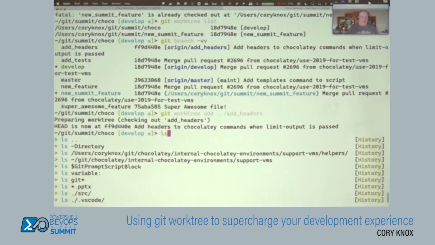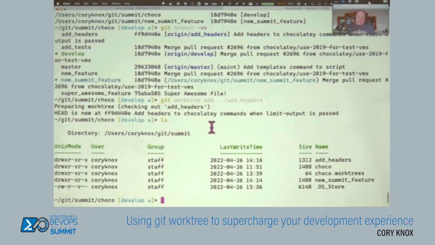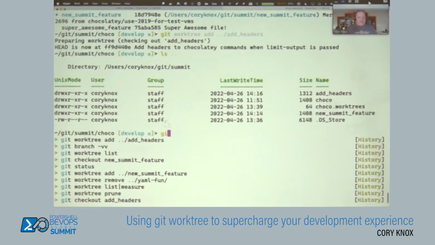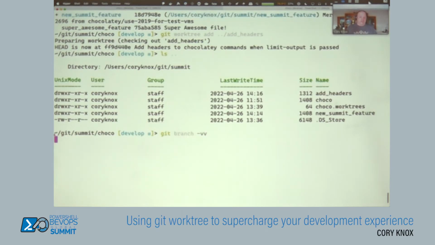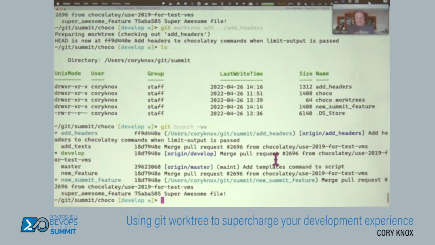Now if we go look, add headers is a new directory there. And if we run git branch again, we see that it has that new one, and that it's a different commit than the develop branch, or really any of these other branches that I've been working with today.